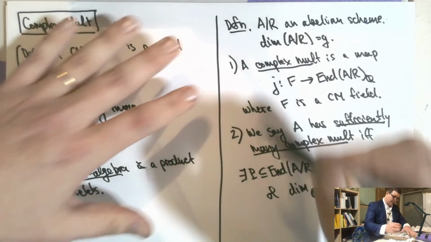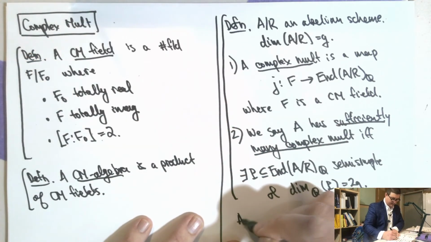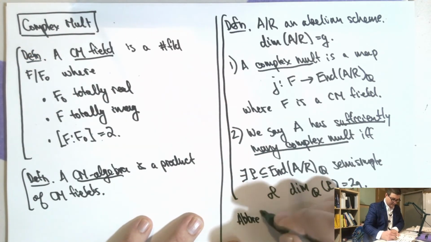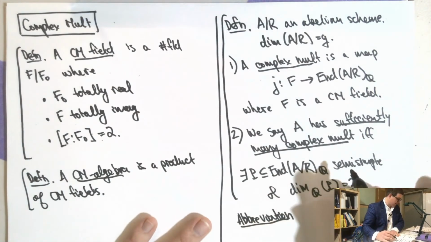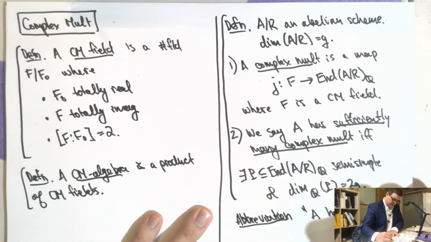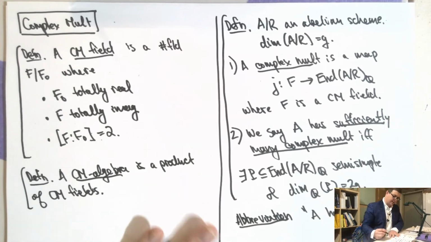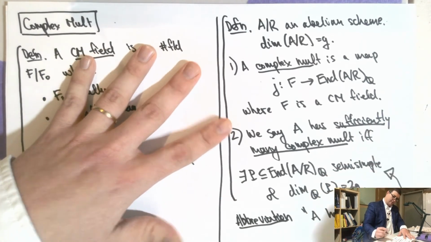Okay, so let me just make an abbreviation. We say A has sufficiently many complex multiplications if (2) holds.